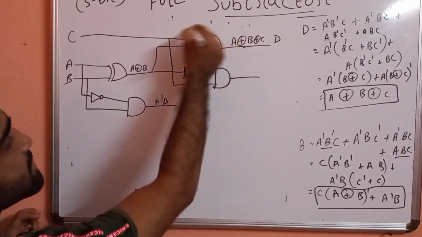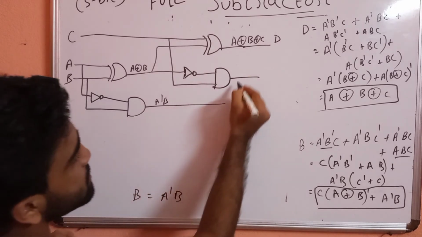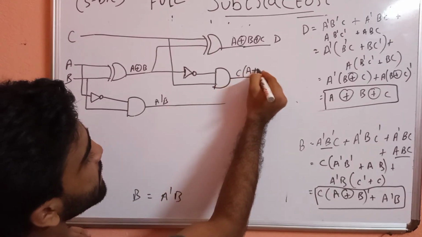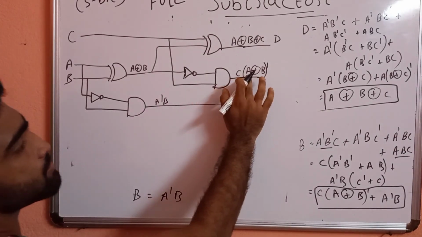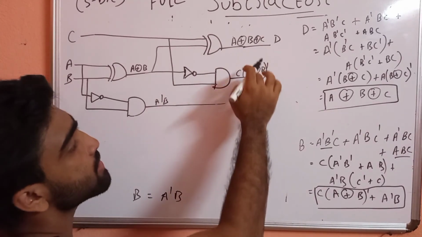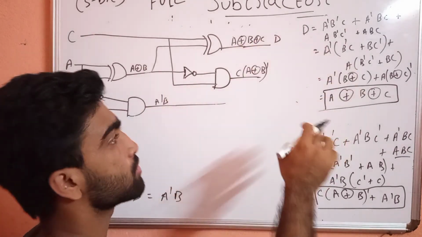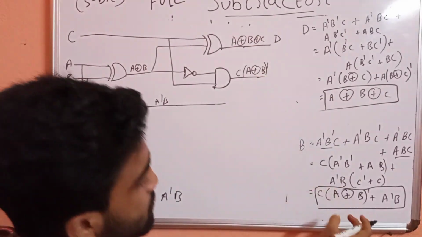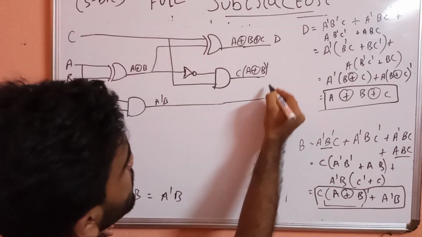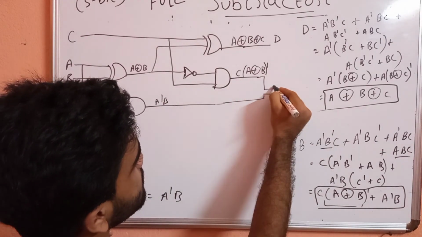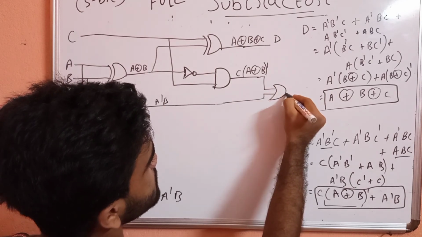Okay, this is another half subtractor. Now this is C and A XOR B whole complement. We have got this expression and already got the other expression. Now we are doing OR of all of this, like this.